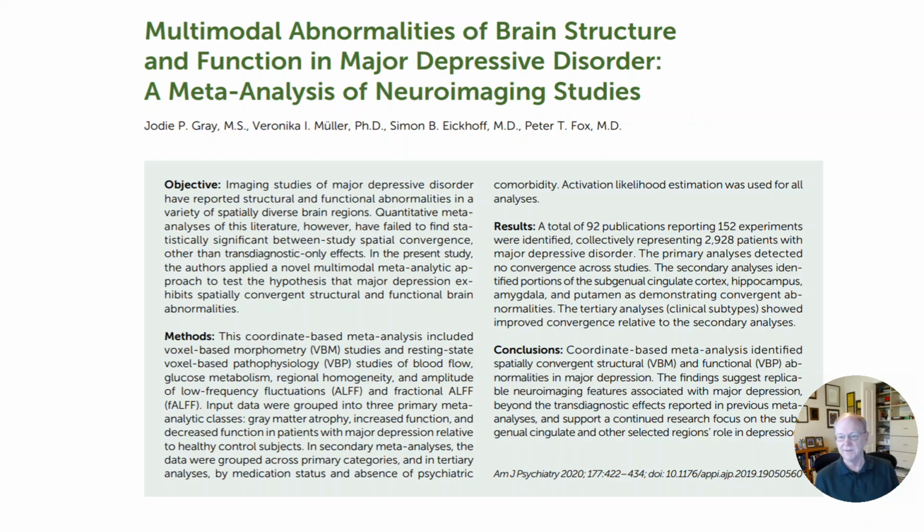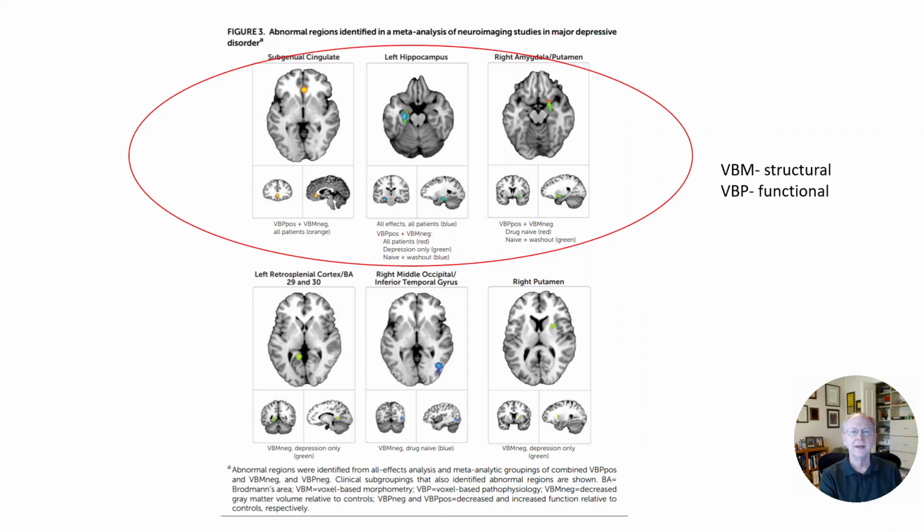This study, I have the abstract here for you to read, looks at a meta-analysis of many different types of studies that have tried to look at what areas of the brain are involved in major depressive disorder. And really this upper circle is what they found, and basically they find that there's this activation of the subgenual cingulate that, more importantly, tends to predict good response to an antidepressant treatment.